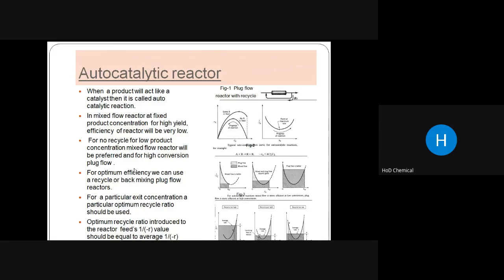Here is one more type of reactor, the autocatalytic reactor. Under which condition can we term it an autocatalytic reactor? In a reaction carried out in the presence of a catalyst, at first it doesn't act like a catalyst.